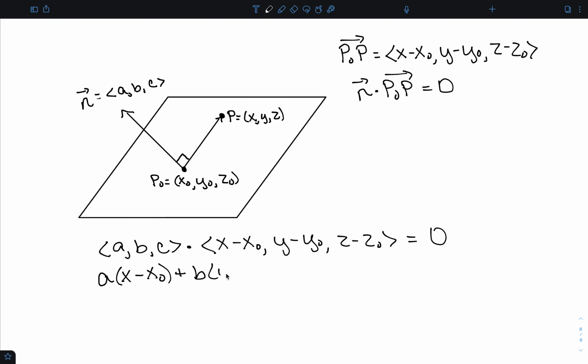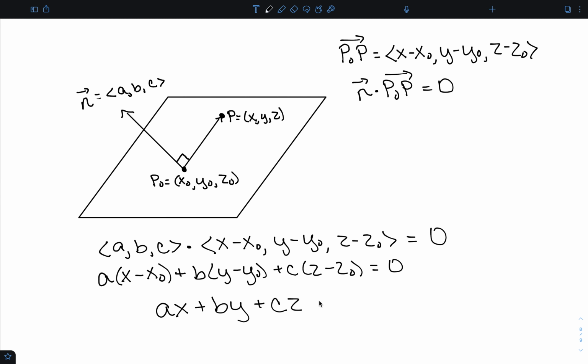So plus b, y minus y0, plus c, z minus z0. And this is how I can find the equation of a plane. Most of the time we prefer to simplify this and write it in the form ax plus by plus cz equal to d.